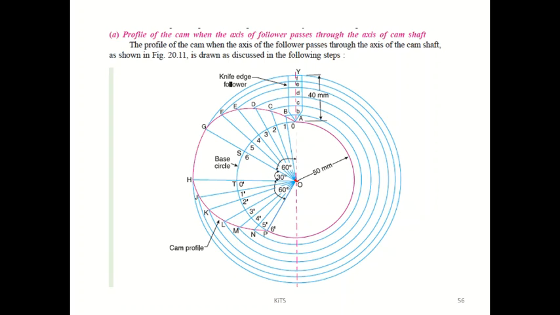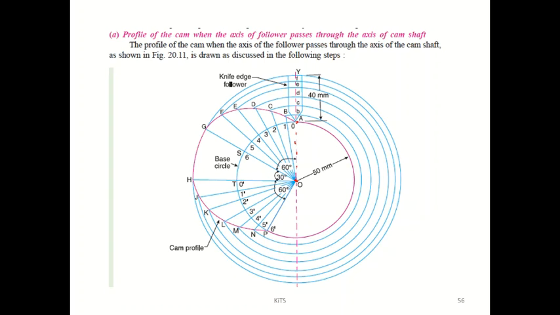And from the center, draw a vertical reference line. It should be a very thin reference line. Don't draw thick lines. Always draw very light lines. Don't draw bold or dark lines in the velocity diagram, acceleration diagram, or the cam profile also.